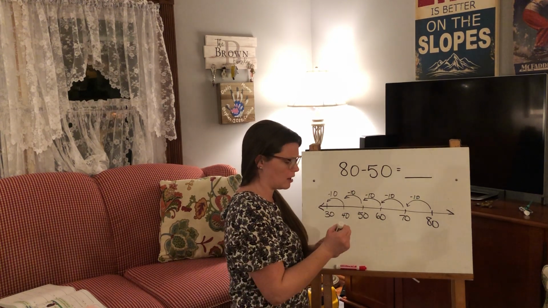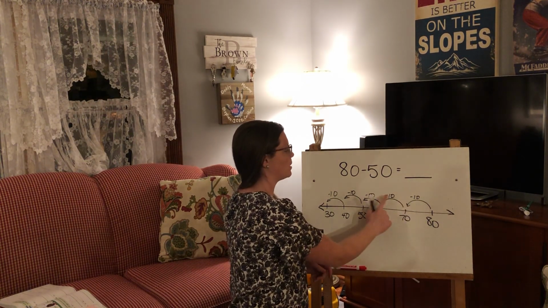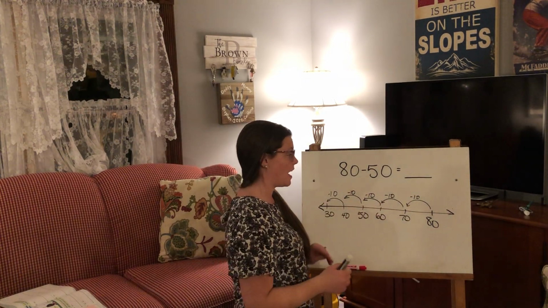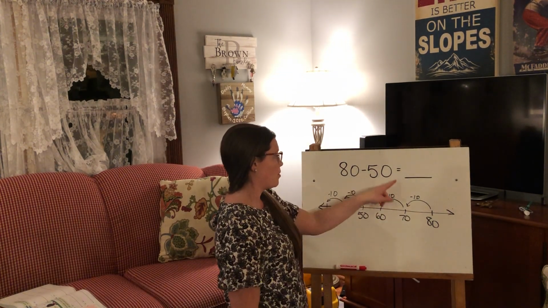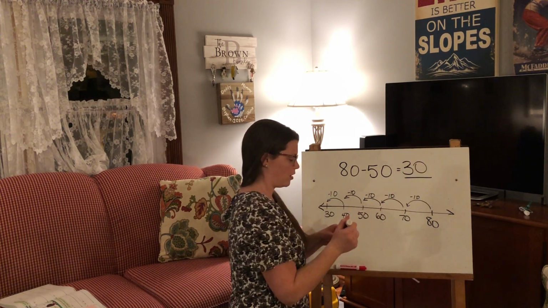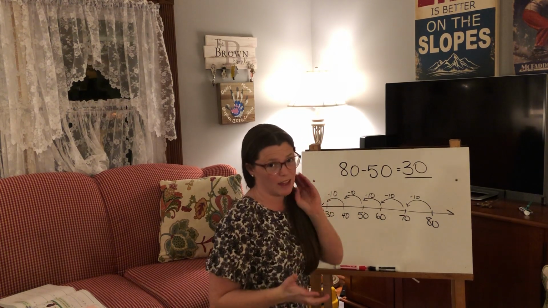So now let's take a look. I went back 10, 20, 30, 40, 50. I jumped 5 times, and so my answer is 30. Okay, so hopefully that makes sense.